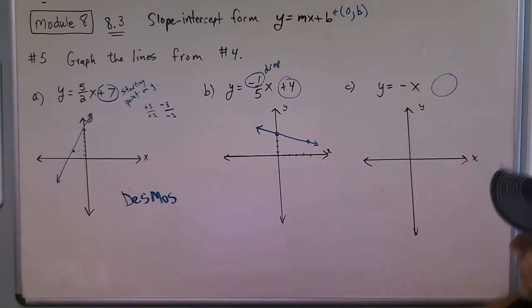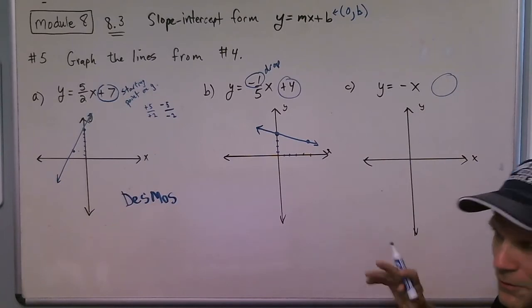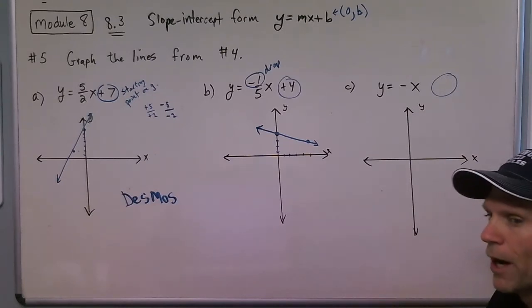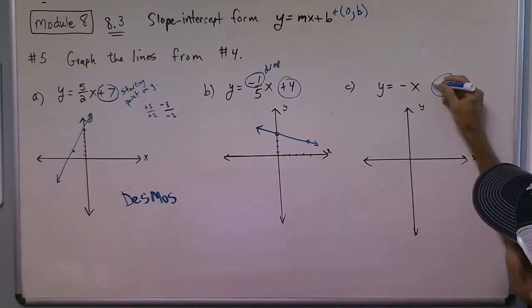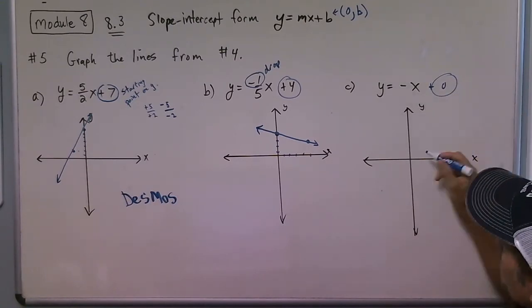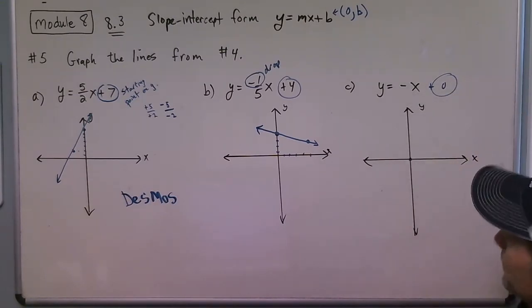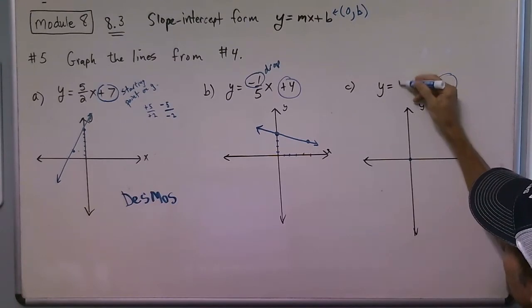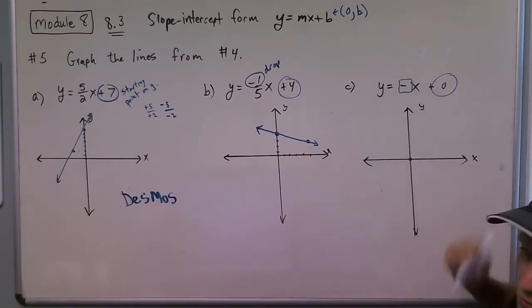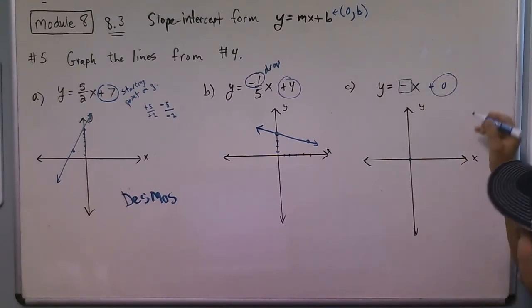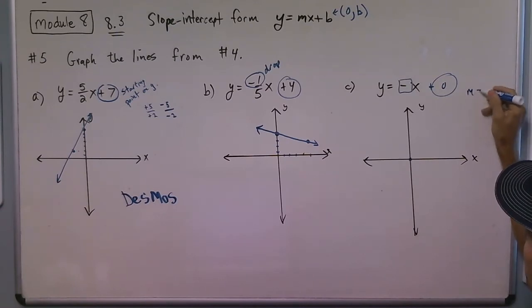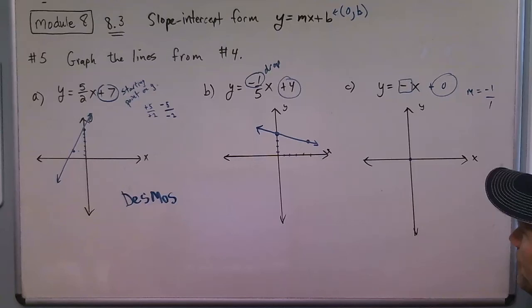And then this last one, some students find the easier cases a little confusing. Some students say there's no y-intercept, but really the y-intercept is at 0, so I'll start at 0. My slope is right here. What number is that? Most students can tell me it's -1. So the slope is -1, or -1 over 1.